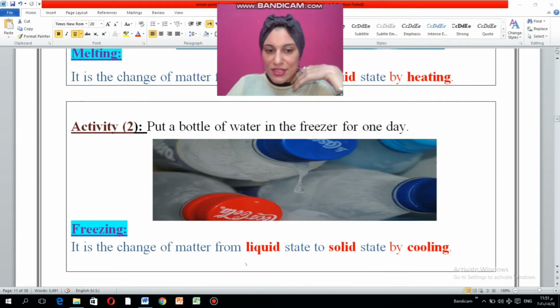So it is a change of matter from liquid state to solid state by cooling. كده خلصنا definition of freezing. يبقى احنا خدنا الميلتنج واخدنا الفريزنج.